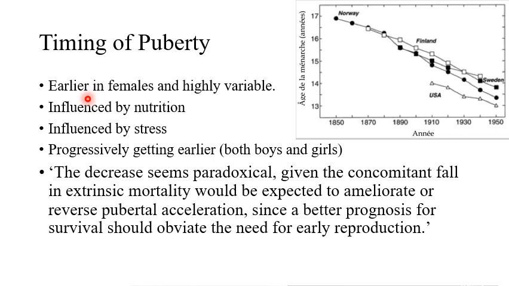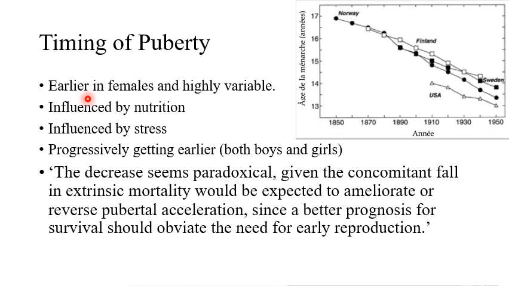Basically, what it's saying is, because there's lower risk of extrinsic mortality, you think that you would want to delay puberty, right? And make sure that you're a large enough organism to support a fetus, right? But I was thinking about this a little bit further.